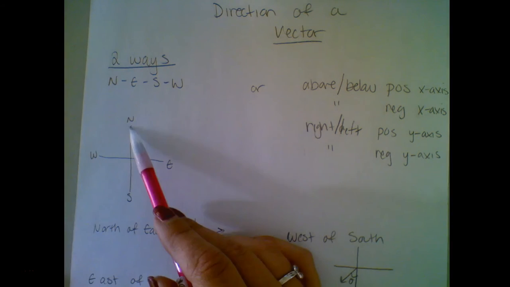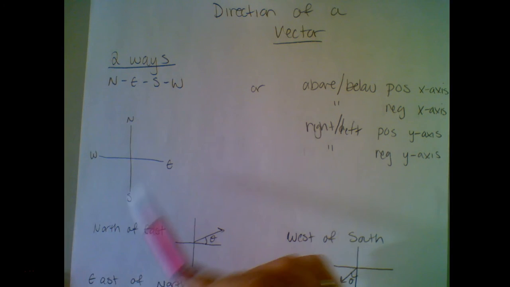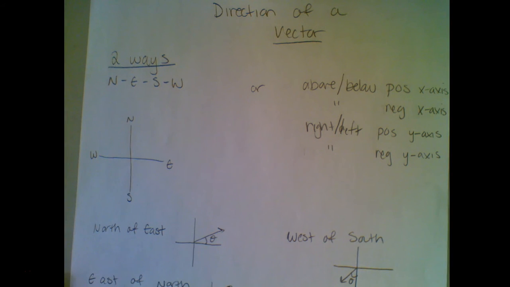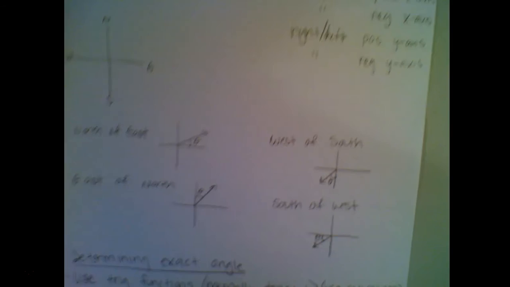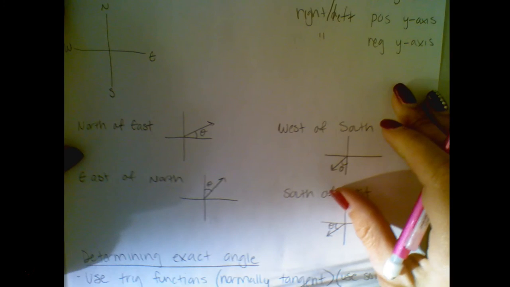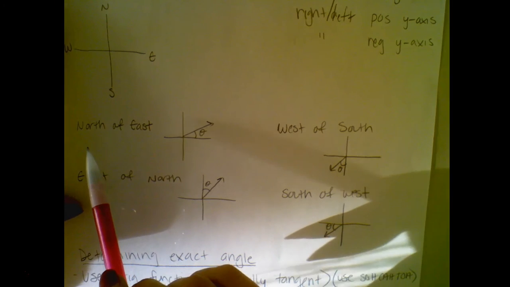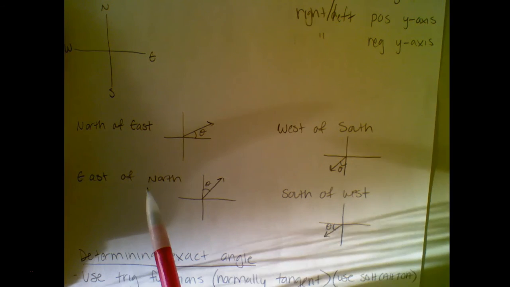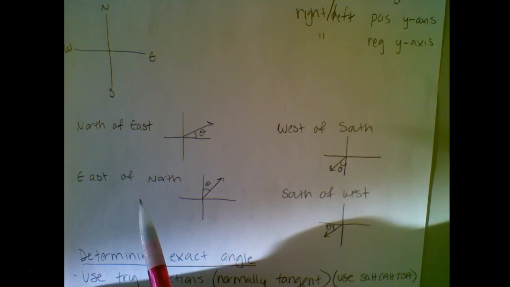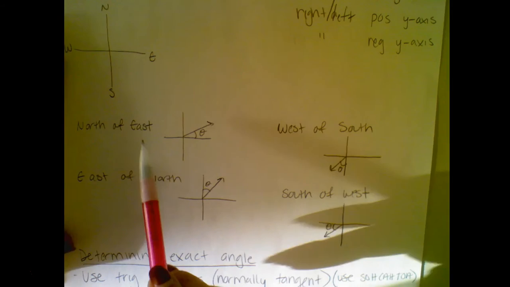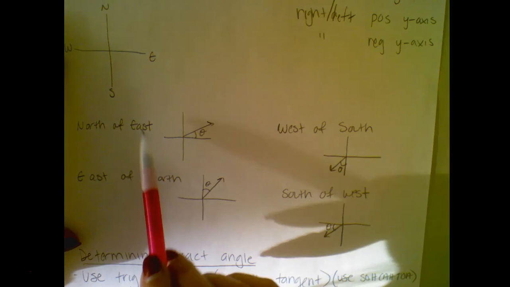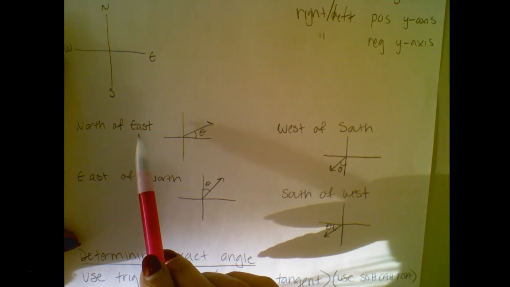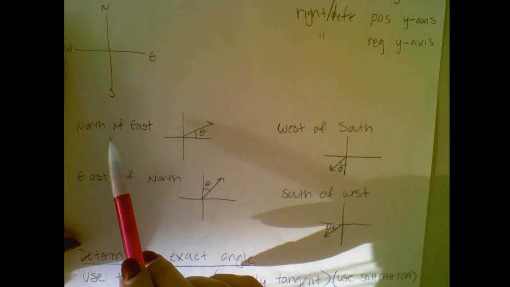Hopefully we all know this: northeast, southwest, never eat soggy waffles, if it helps you remember. And so the one thing that gets confusing for most students is that they'll say something like north of east versus east of north, and a lot of students don't know the difference between those two. So the way that I remember it is I always go to the second direction, so in this case east, and then I move toward north, and that's how I know which angle I'm looking at.